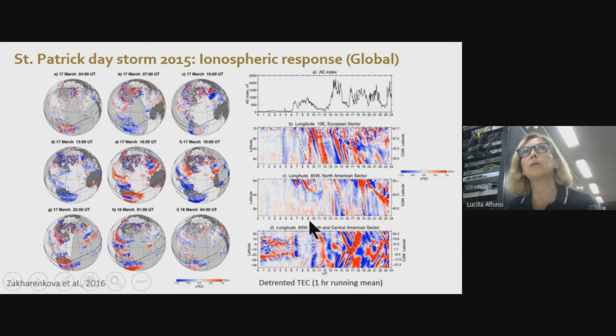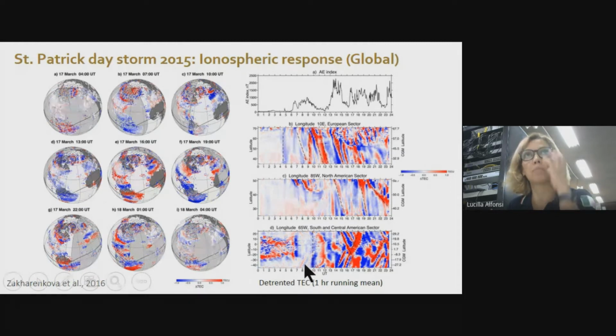And here in the stack plot, we have the response in terms of variation of total electron content in the European sector in this plot, in the North American sector in this plot, and in the Central American sector. As you see, and as expected, at the low latitudes, you see from the y-axis that here we are looking at the Equatorial Anomaly, from a quiet state in which you can recognize the two crests.